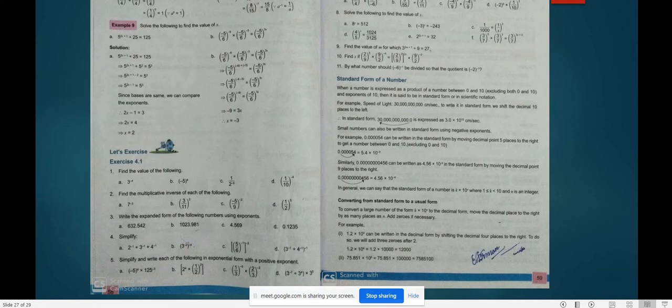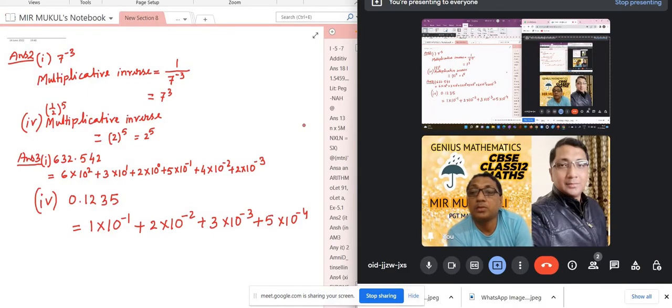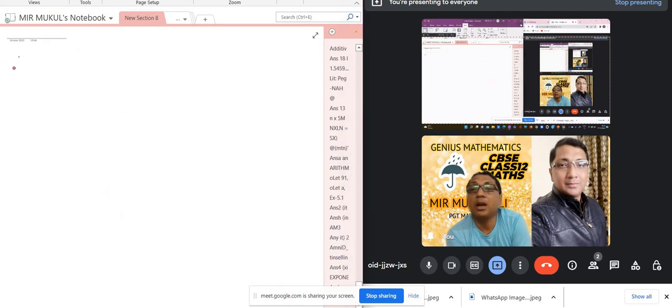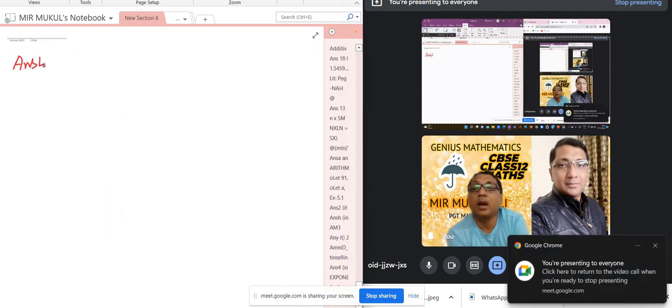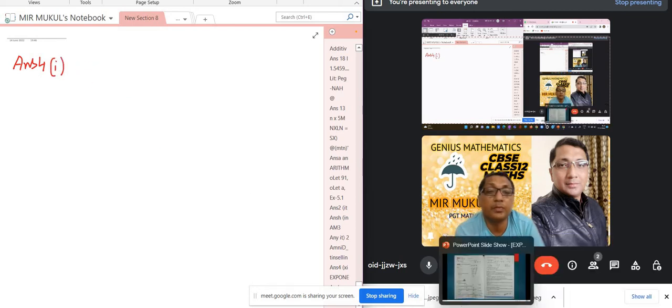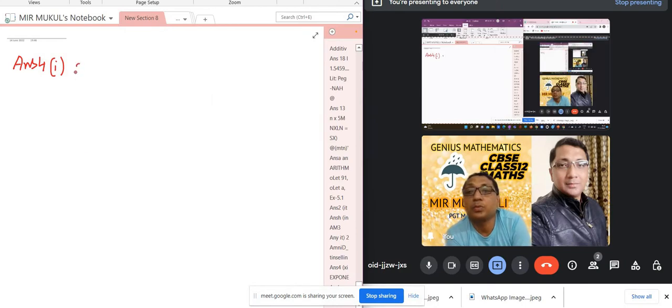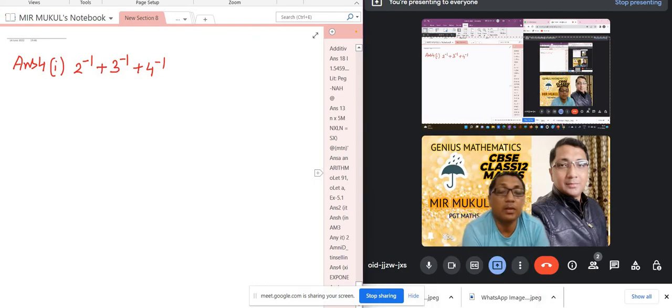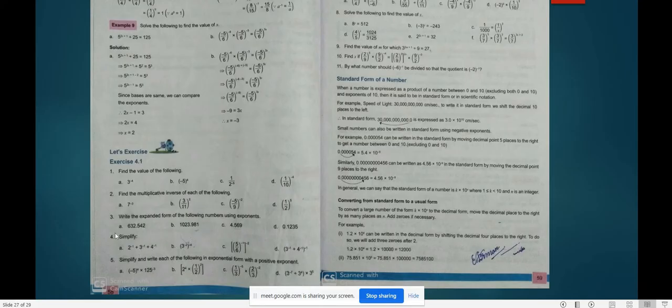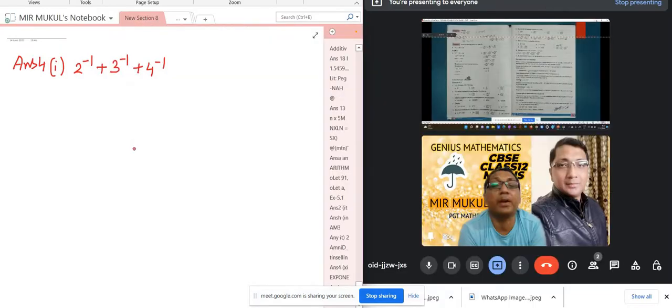Now the answer for the first question: 2 to the power minus 1 plus 3 to the power minus 1 plus 4 to the power minus 1. Here you have to simplify.